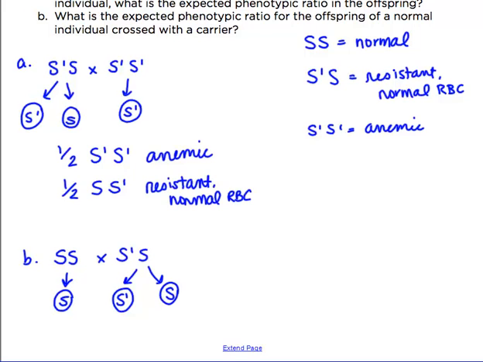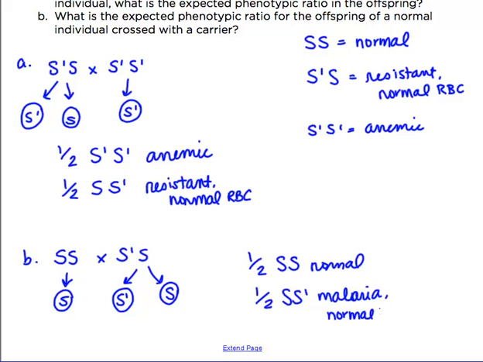So in this cross, it would be 1/2 normal and 1/2 S prime S, which would be malaria resistant with normal blood cells.